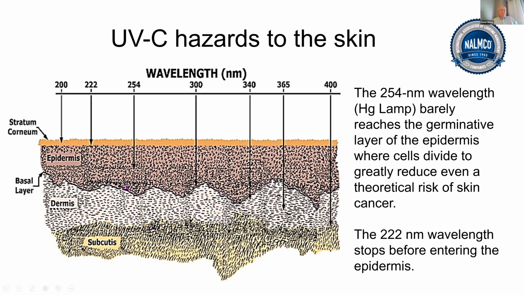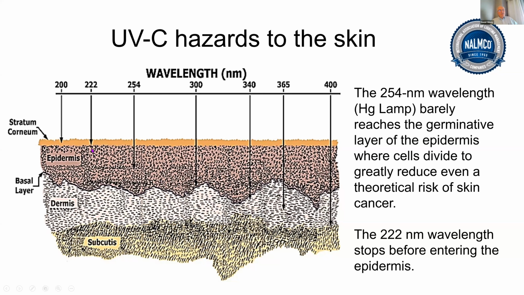The cells themselves spend a couple of weeks gradually moving up layer to layer towards the top of the epidermis, and eventually die and form what we call the stratum corneum.